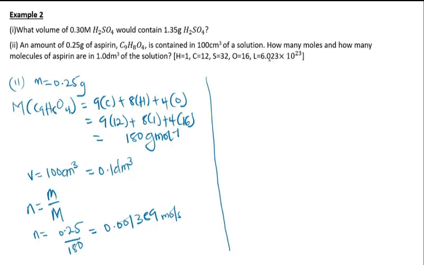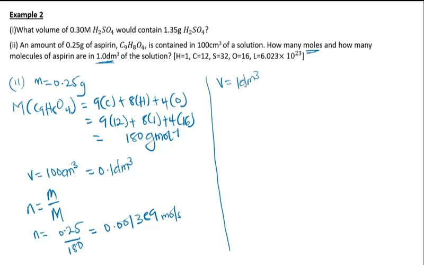All right, now that we have the moles, let's see what the second aspect of the question is telling us to find. How many moles and how many molecules of aspirin are there in 1 dm cube of the solution.